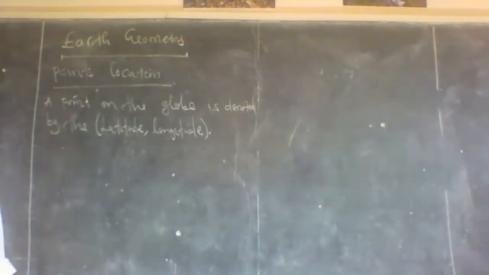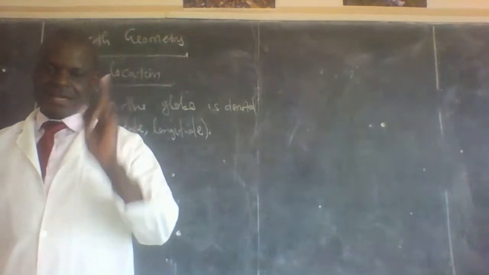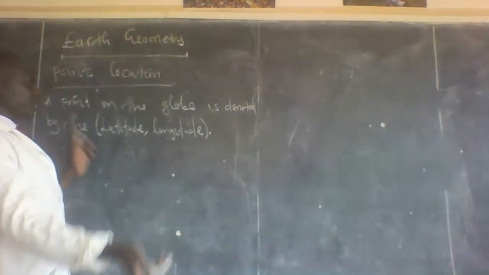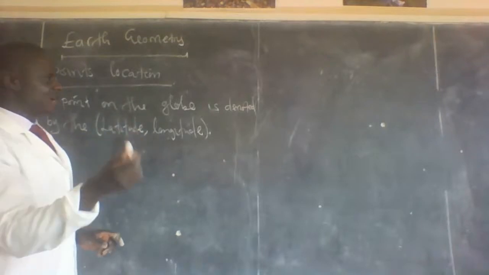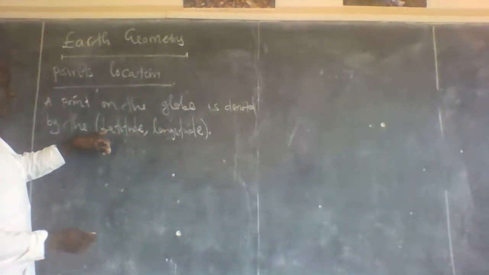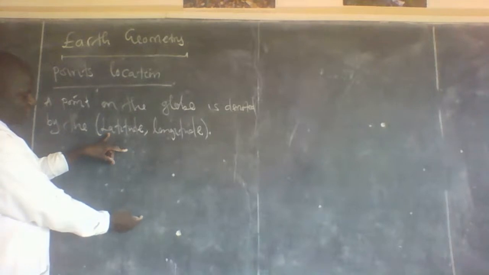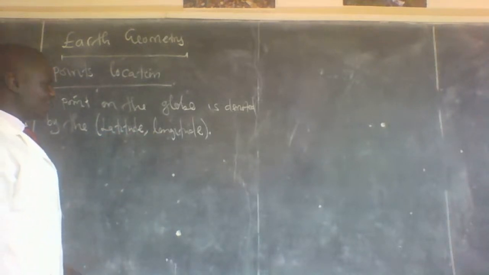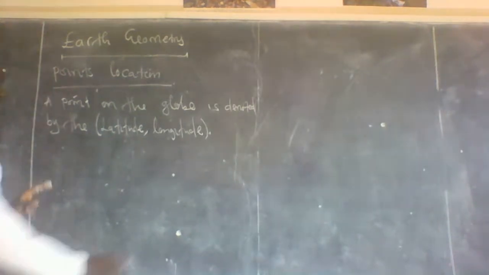That is the point we need to remember every now and then: every point you pick on the globe, how do you locate that point? You denote the point by the position on the latitude, comma, the position on the longitude. That point is very important.